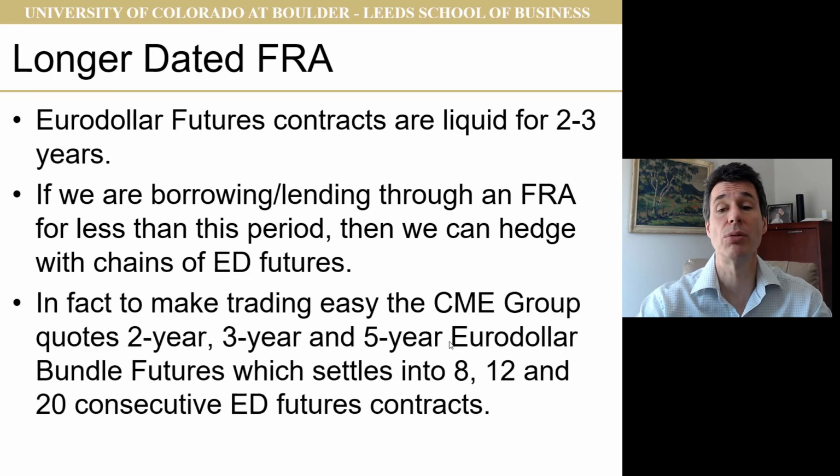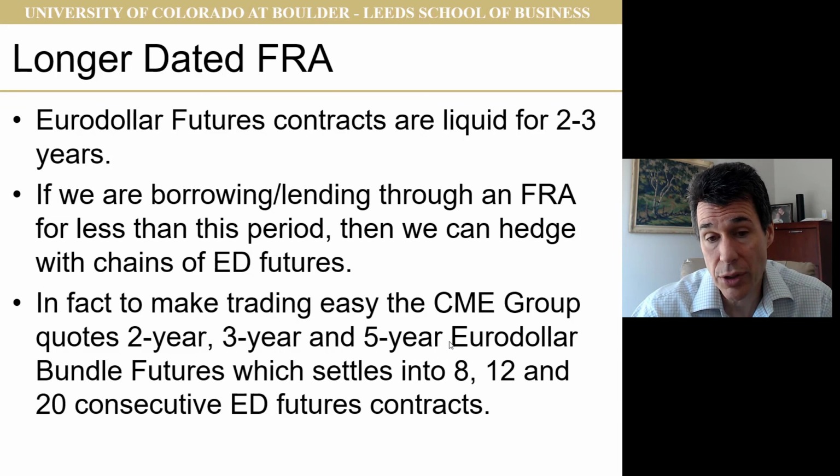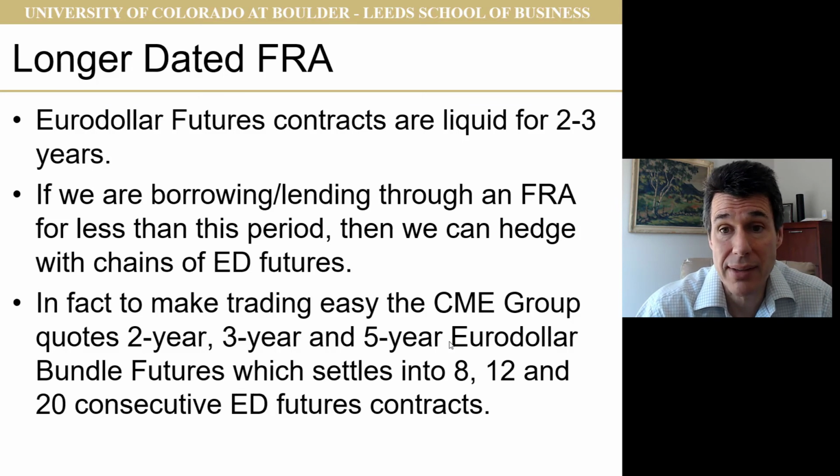So the CME group quote what are called 2-year, 3-year, and 5-year Eurodollar bundles, which settle into 8, 12, or 20 consecutive Eurodollar futures contracts to make it easy to trade a whole bunch of Eurodollar contracts at the same time. And then by trading a whole bunch of Eurodollar futures contracts at the same time, we're able to hedge longer maturity interest rates than just the 90 days that any given contract is for.